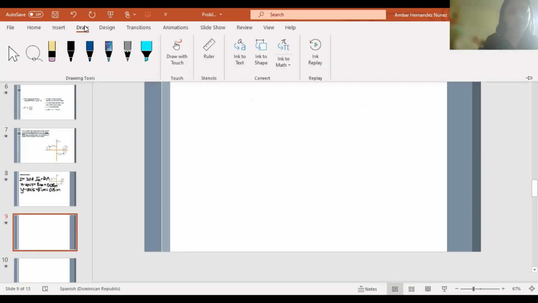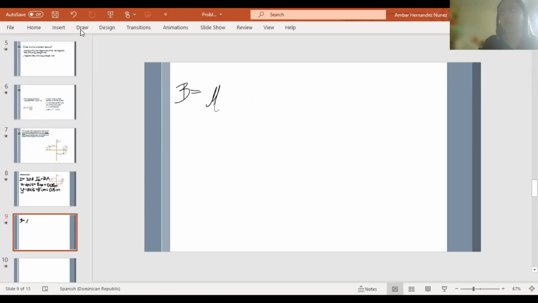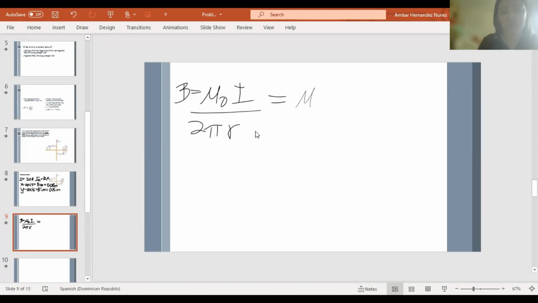So we use our formula B equals permeability times the current divided by 2 pi times r. So we have two currents and we have two distances. And as the current is going to the right, we're going to add those currents and distances. So we can modify our formula. It will be like this.